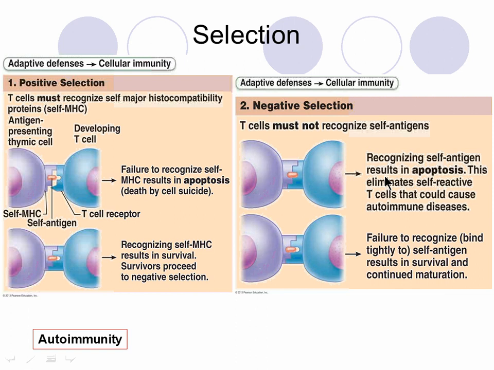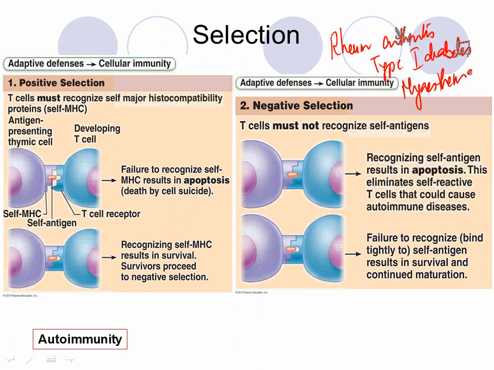Your immune system is so deficient that it cannot do its job properly, so you're falling prey to a lot of other infections, okay? So examples of autoimmunity are rheumatoid arthritis, type 1 diabetes, myasthenia gravis. Remember I told you about this in the thymus. Psoriasis.